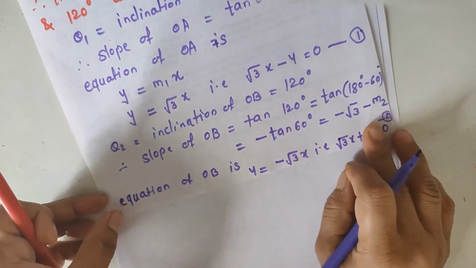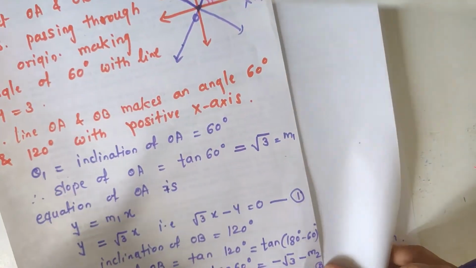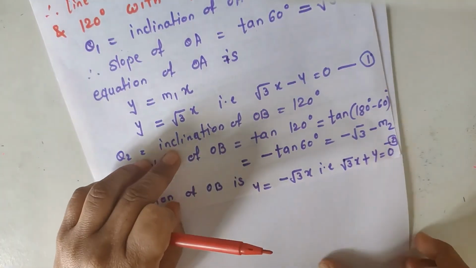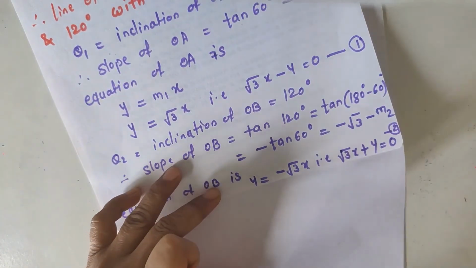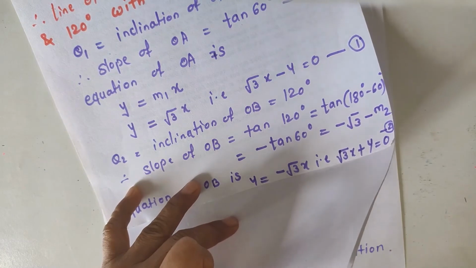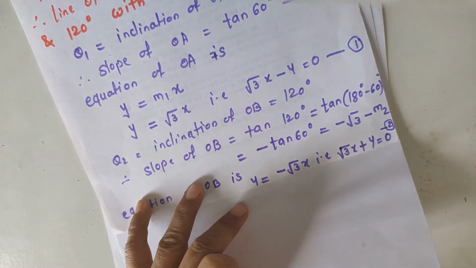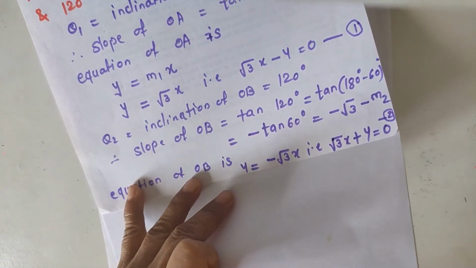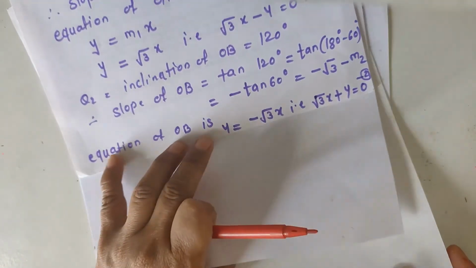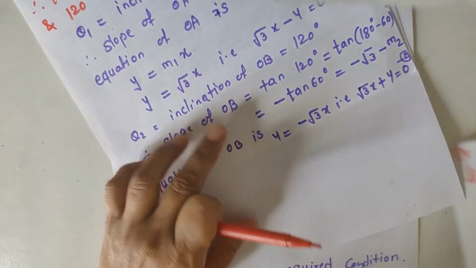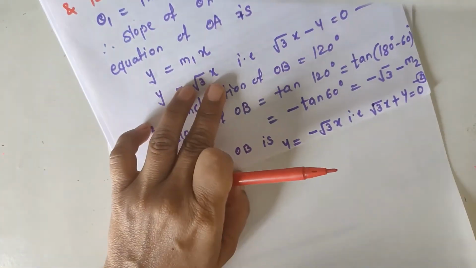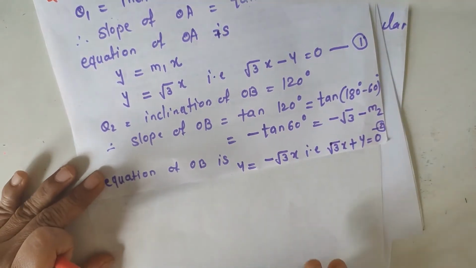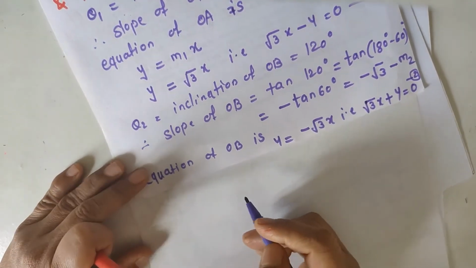Now here we have to find the joint equation of the lines. So using these two equations, we get the required joint equation.